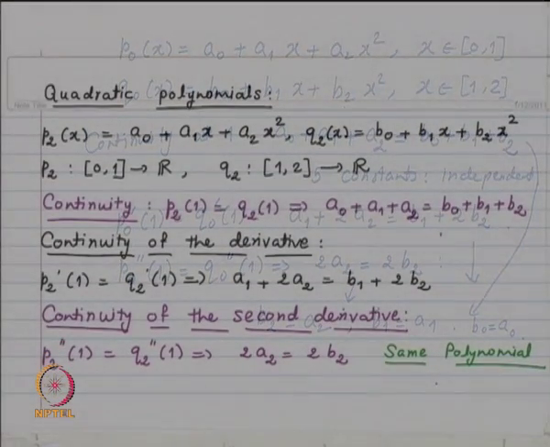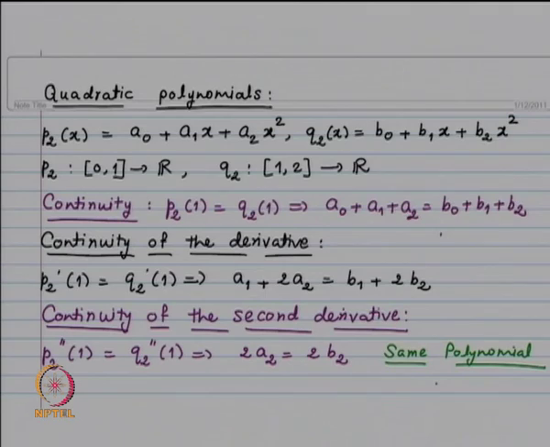So, as in the case of the piecewise linear polynomials, if you say that two quadratic polynomials P and Q should together form a 2 times continuously differentiable function, then it becomes a single polynomial defined on these two intervals. So, if we want to retain the piecewise structure, then for quadratic polynomials we can go up to the continuity of the derivative.